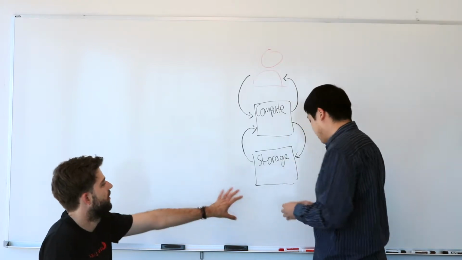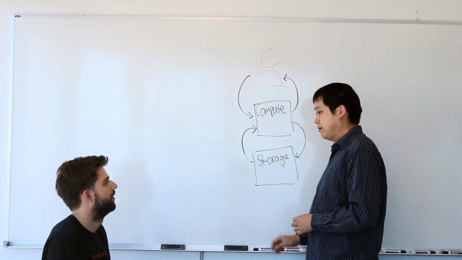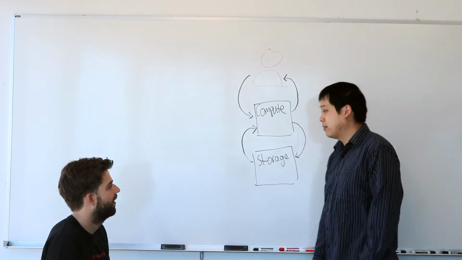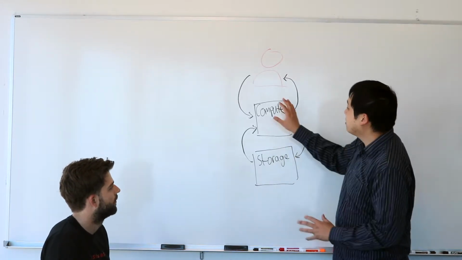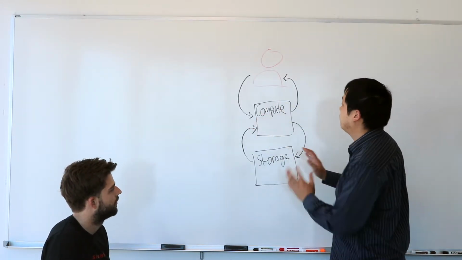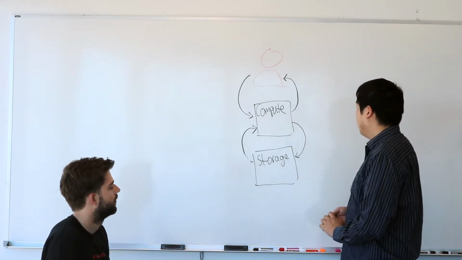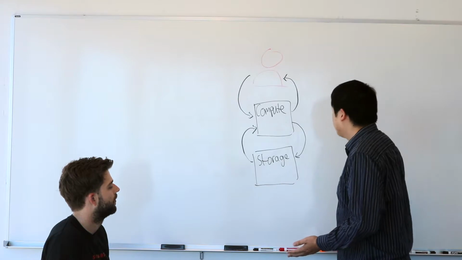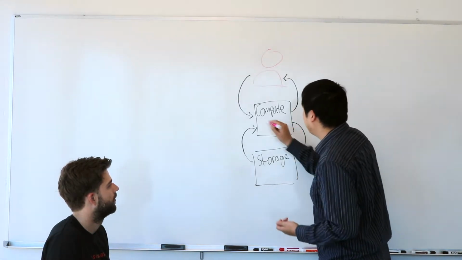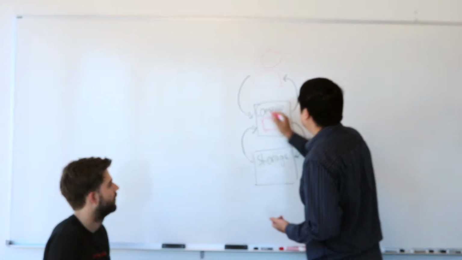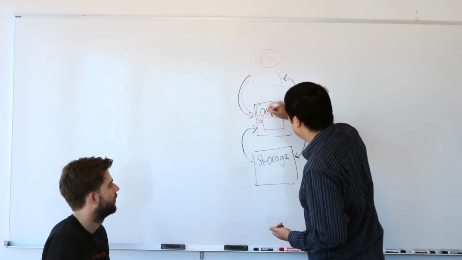Got it. So now storage has all the information about what's going on. Cool. And now let's look at who is the right user for each of this data. What we want is for the smart contract running on the compute node to be able to see what you're voting for. Yep, it has to.